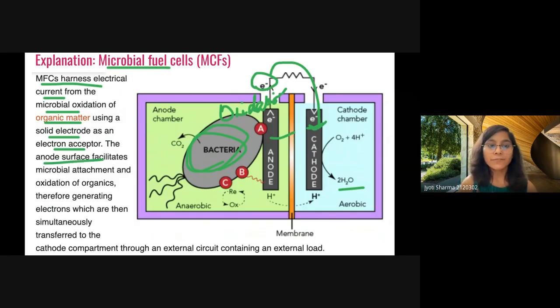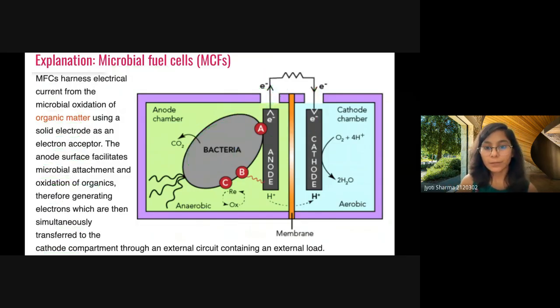The anode surface facilitates microbial attachment and oxidation of organics, therefore generating electrons which are then simultaneously transferred to the cathode compartment through the external circuit, and this is how electricity will be generated. So this is about the microbial fuel cell, but my question was about anode, cathode, and cathode catalyst, right?